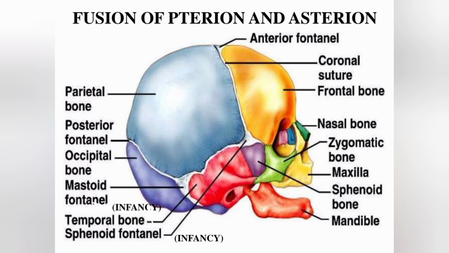The pterion and asterion regions also remain membranous and are called the sphenoidal fontanelle and mastoid fontanelle respectively. The sphenoidal fontanelle ossifies in the third month and the mastoid fontanelle ossifies at 1 year of age.